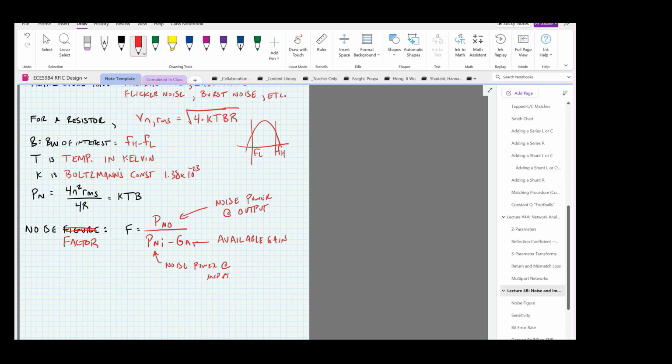And GA we generally write as P of the signal at the output divided by P of the signal at the input. Okay, so what F is measuring is how much the signal to noise ratio degrades from the input to the output.